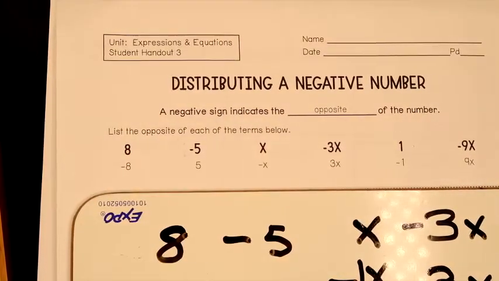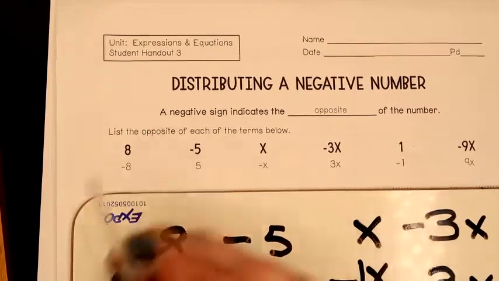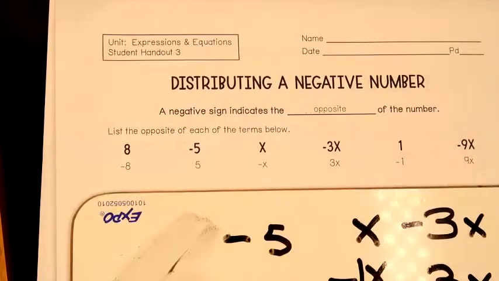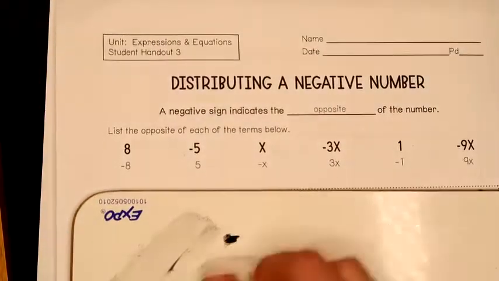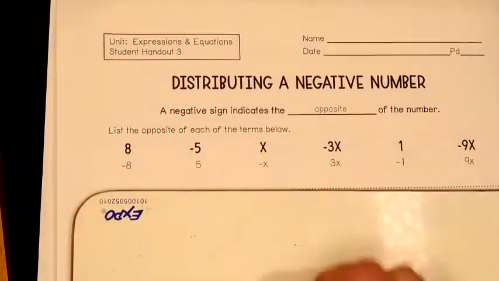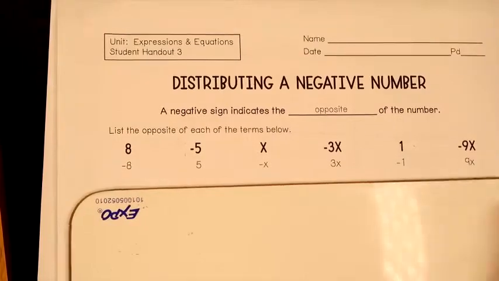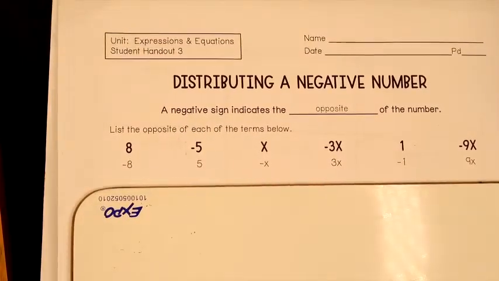So take a second and fill that out on your sheet. Okay, do you guys remember absolute value? And we just took the opposite. It's similar to what we're doing here, okay?